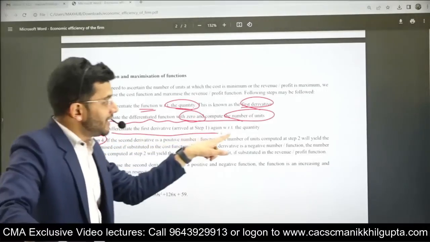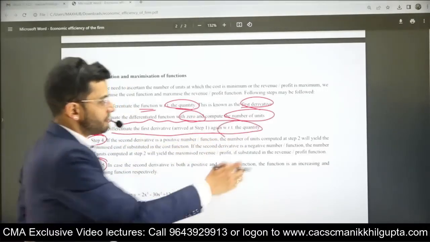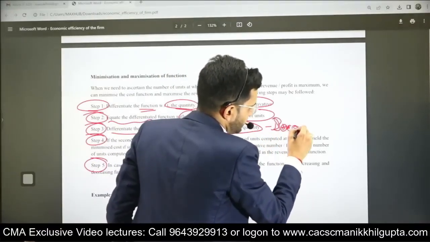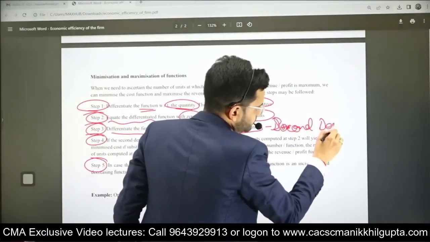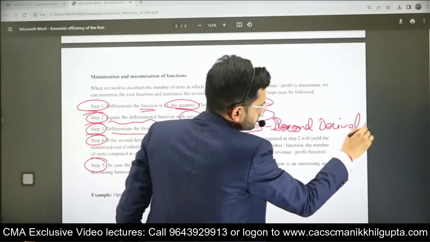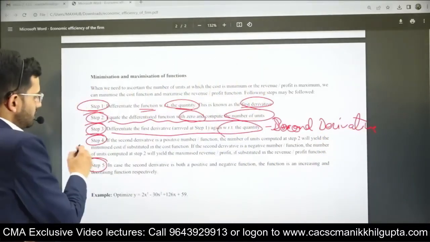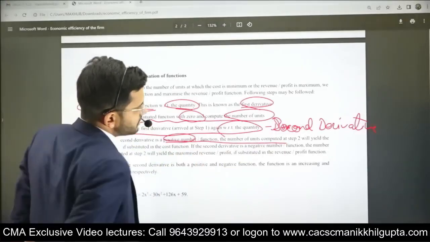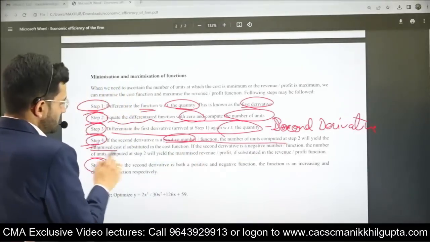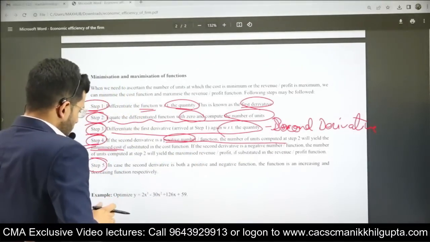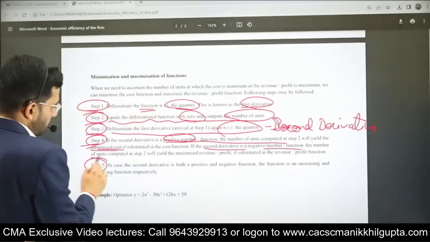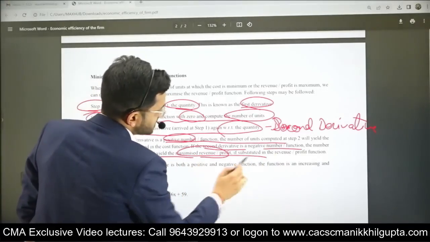Step 3: differentiate the first derivative again with respect to quantity, which means find the double derivative, known as the second derivative. Fourth step: if the second derivative is a positive number, then the number of units computed at step 2 will yield a minimized cost. And if the second derivative is a negative number, then the number of units computed at step 2 will yield the maximum revenue.